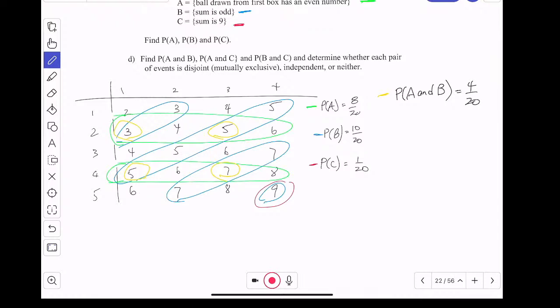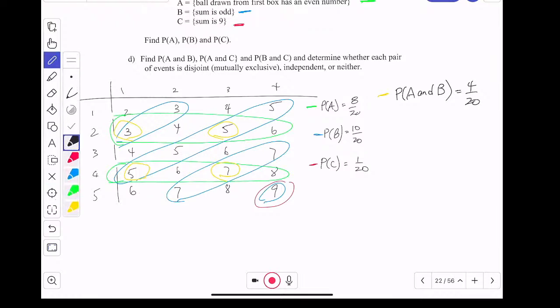So the question is, they intersect means that the events overlap. So is this overlapping event, the joint event, are they not only overlapping, but are they independent events? That becomes the question.